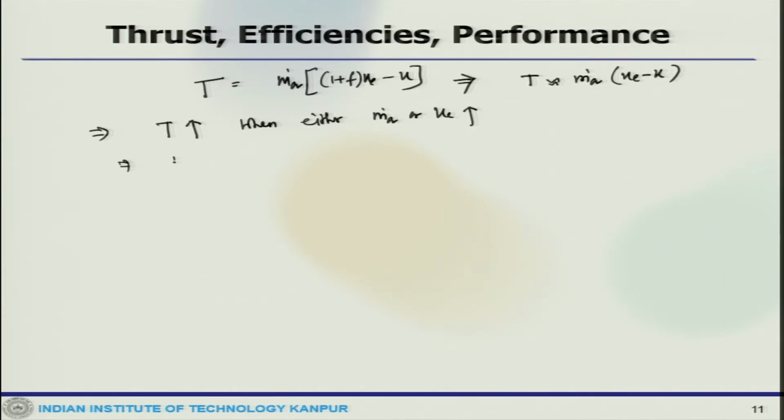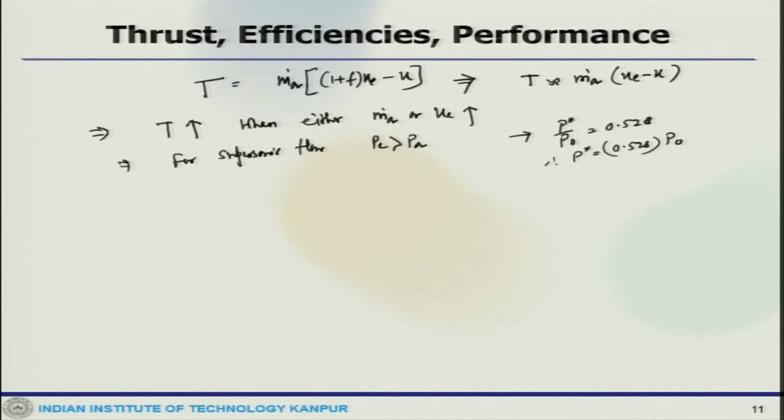Now, for supersonic flow, P exit is greater than P atmosphere. P star by P naught is 0.528, so P star would be 0.528 into P naught.